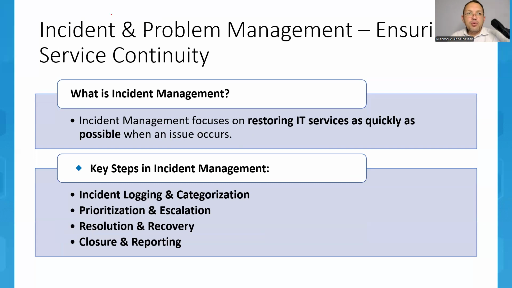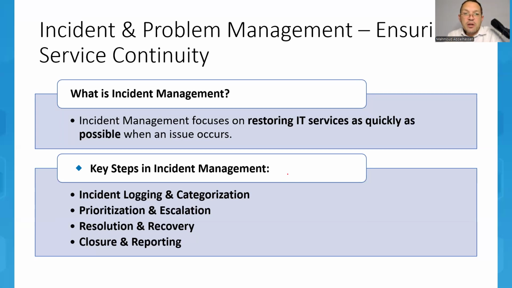We have also incident and problem management, which are very critical and core processes to ensure the service continuity. Incident management is focusing on restoring IT services as quickly as possible when an issue occurs.